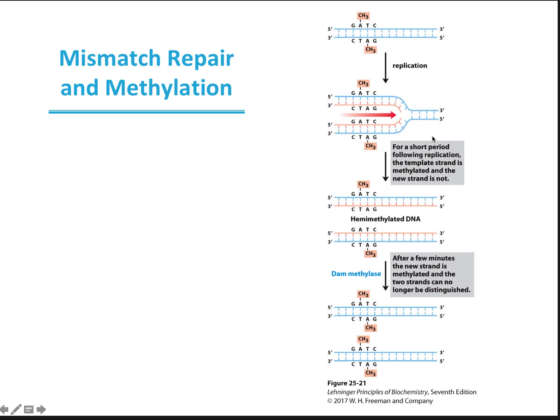So after this initial round of replication, each DNA is hemimethylated. Now, after a few minutes, the new strand is methylated, and the parental and the daughter strand can no longer be distinguished from each other. And so the repair has to occur at the point in time at which the DNA is hemimethylated.